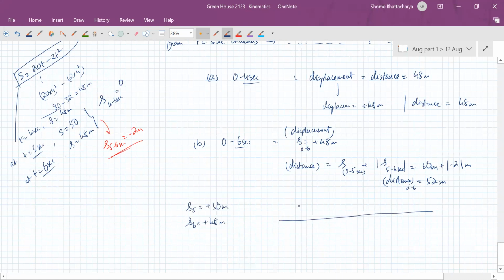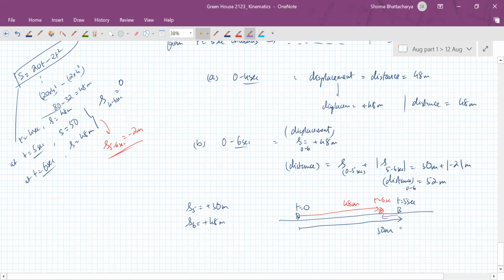If it started from here at t equal to 0, at t equal to 5 seconds, it is over here, at a displacement of 50 meters from here. But then it's coming back, and at 6 seconds it's reaching here, at 48 meters. So between 5 and 6 seconds, what is the displacement? Understood? It's minus 2 meters.